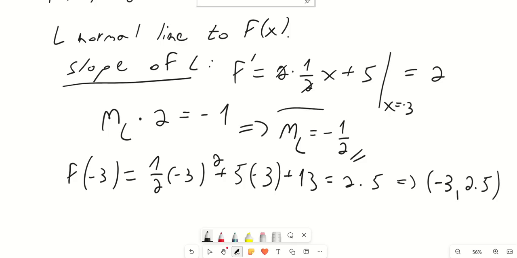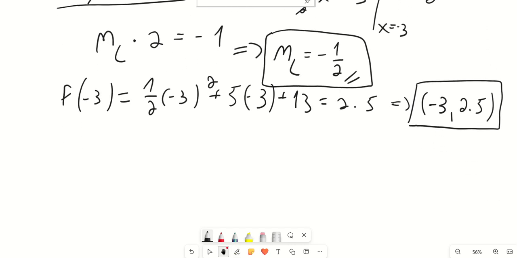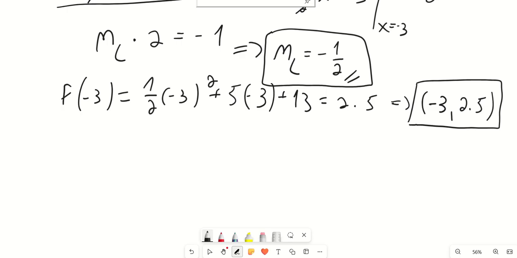And now I have the slope of the line, and I also have a point which it goes through, so I can calculate the equation of L. I'm using the formula y minus y1 equals m times x minus x1, where m is the slope and (x1, y1) is a point which the line goes through.